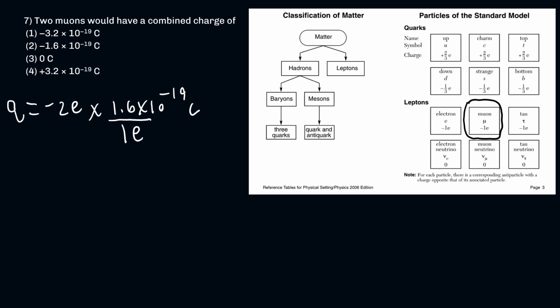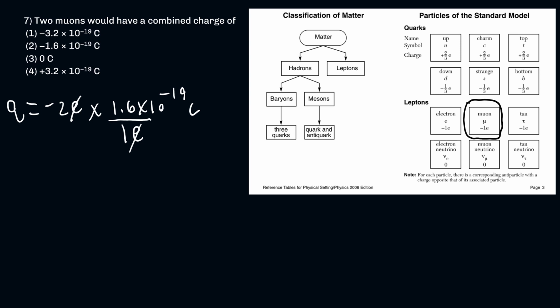With this, all I have to do now is multiply it in my calculator. My elementary charges will cancel out, so I'll be back into coulombs. So you have negative 2 times 1.6 times 10 to the negative 19th coulombs. Just plug this into your calculator real quick and you will end up with the answer. And yes, the negative is important, as you can see based on the answer choices.